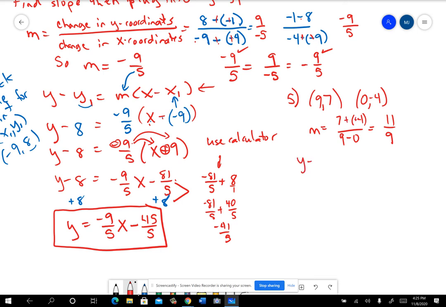Then just go to the formula. So if you didn't notice it was the y-intercept, that's okay. Just go to the formula, plug in a point. It doesn't matter which one. I usually pick the one that doesn't have as many negatives. And make sure you plug in the y-coordinate where the y1 is and the x-coordinate where the x1 is. Okay, and then in place of the slope, we're putting 11/9.